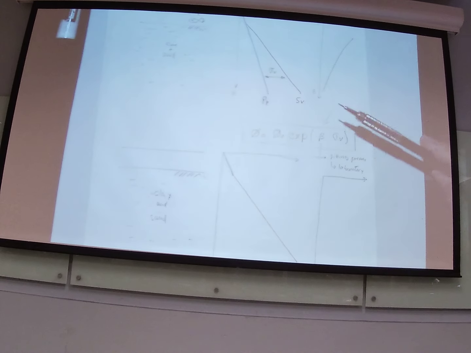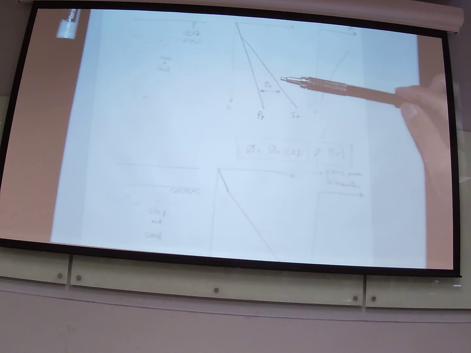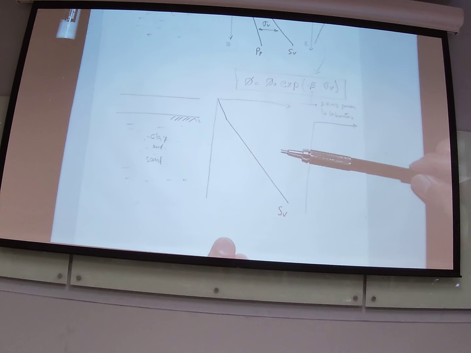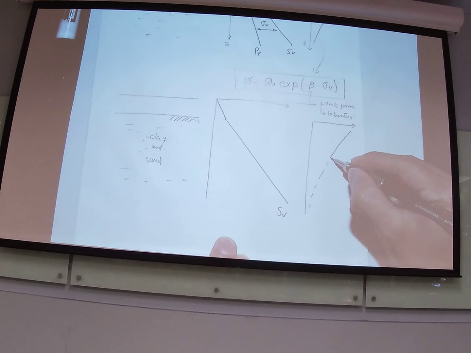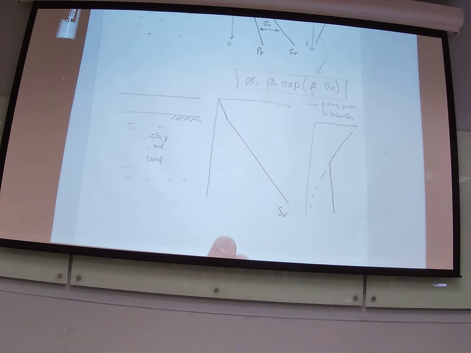Let's say this one was a well drilled at one location and a very close location with the same material. We measure a porosity that, if this was the original trend, now it does something like this. So this one now is an actual porosity.